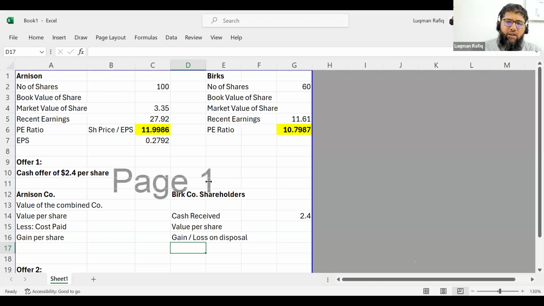Can you people calculate the value of a Burks company share?